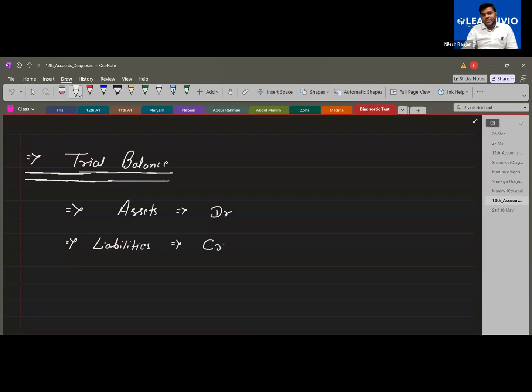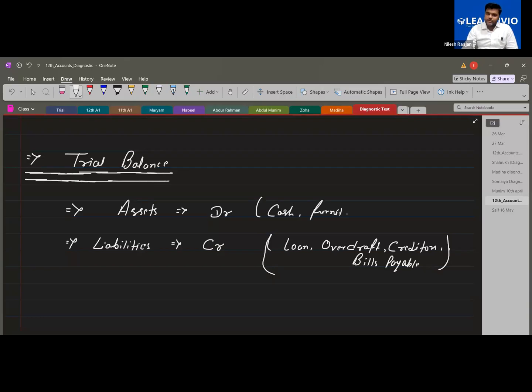Liabilities should be written on the credit side, like loan, overdraft, creditors, bills payable. These things will be written on the credit side. Debit side: cash, furniture, debtors, machine, land and building, like this.